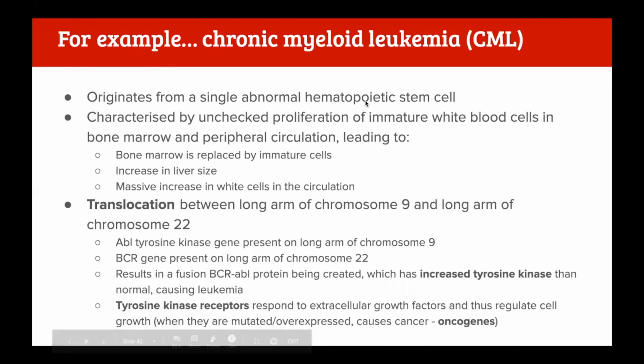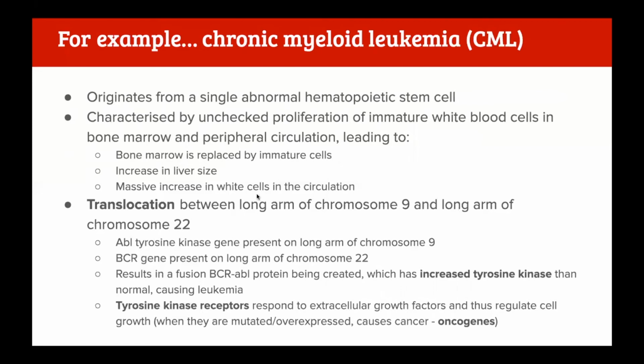An example of an oncogene is when we look at chronic myeloid leukemia. Chronic myeloid leukemia originates from a single abnormal hematopoietic stem cell. It's characterized by unchecked proliferation of immature white blood cells in bone marrow and peripheral circulation that leads to bone marrow being replaced by immature cells, an increase in liver size, and a massive increase in white cells in the circulation.